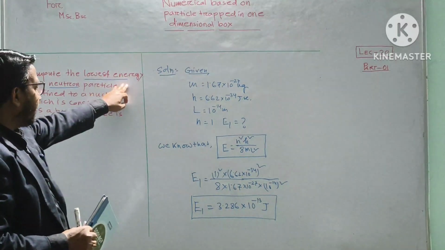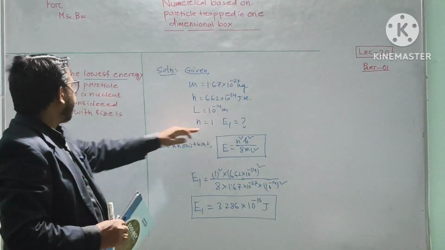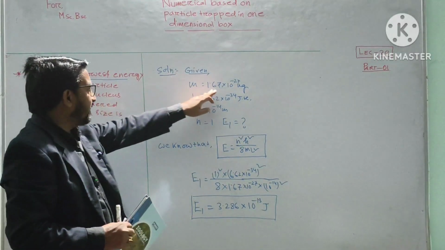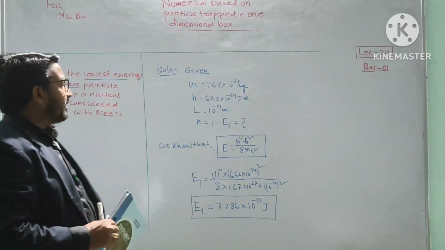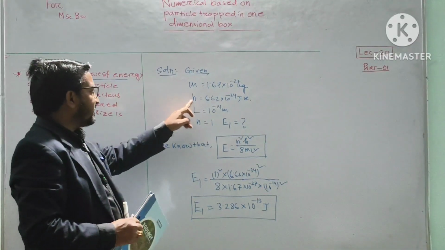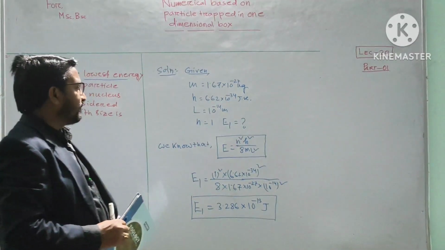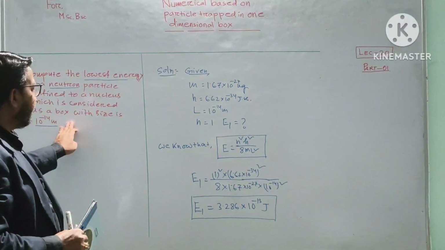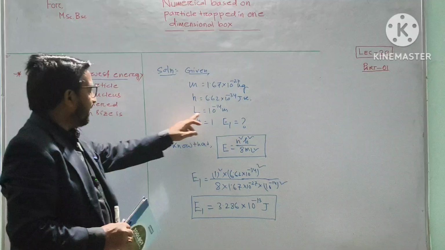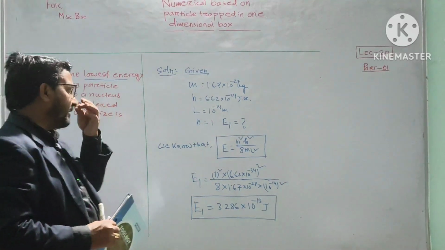For ground state energy, n equal 1. And the particle is a neutron, so the mass of the particle is 1.67 into 10 to the minus 27 kg. And h is Planck constant 6.62 into 10 to the minus 34 joule second. And L is the width of the potential wall, so L equal 10 to the power minus 14 meter.